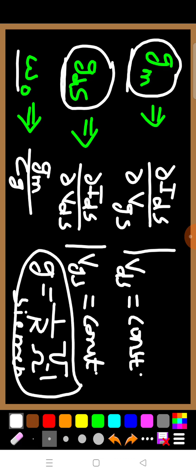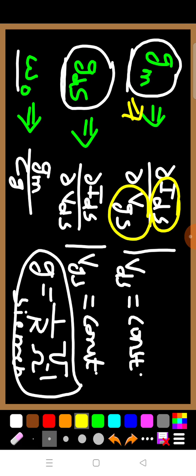Coming back to the definitions: transconductance is defined as the ratio of change in drain source current with respect to change in gate source voltage, where the drain source voltage is constant.